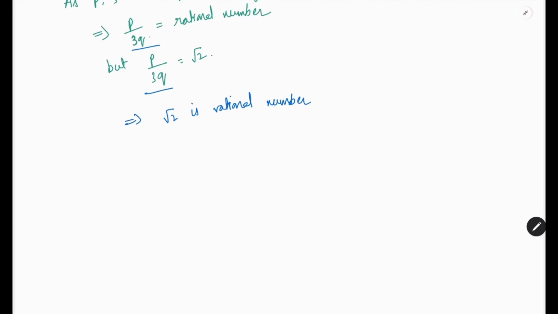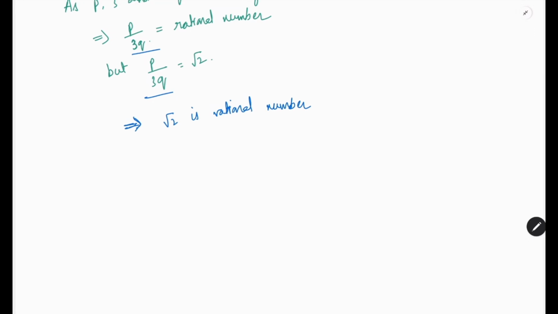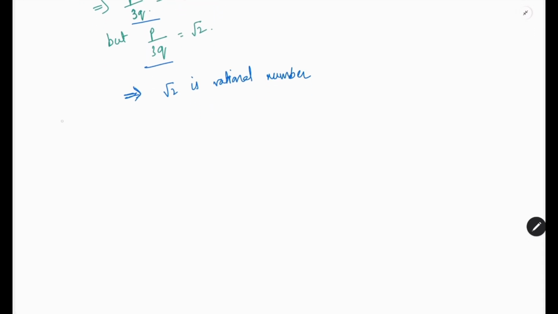But we know the fact that root 2 is an irrational number. So this contradicts the statement that root 2 is an irrational number.